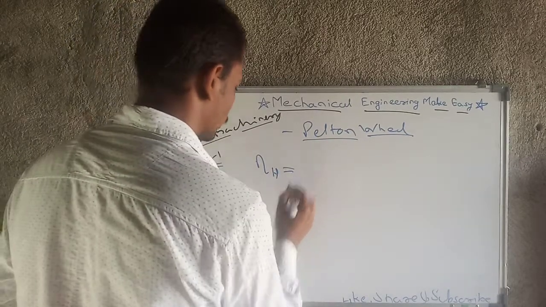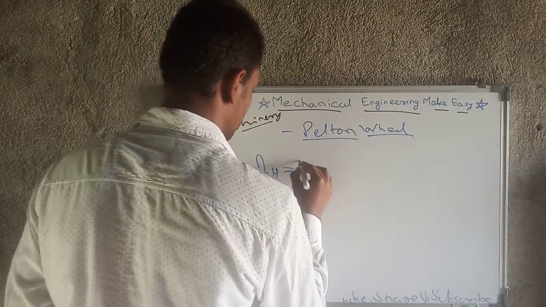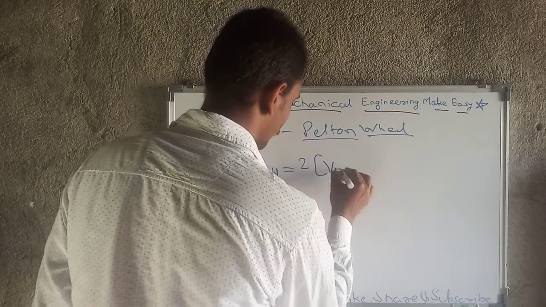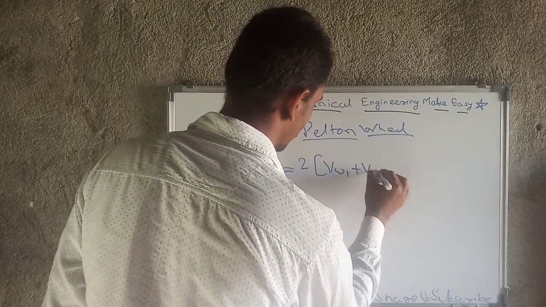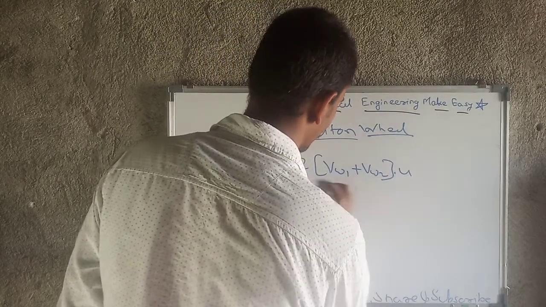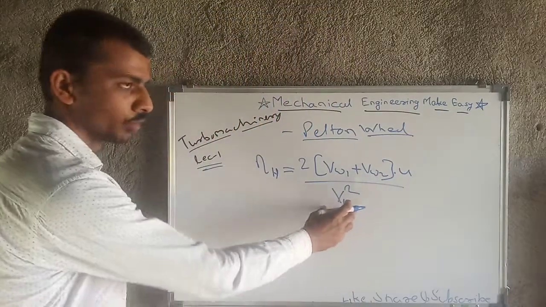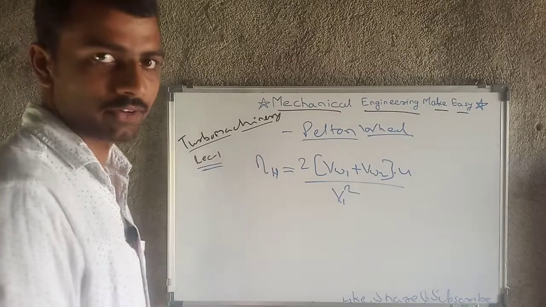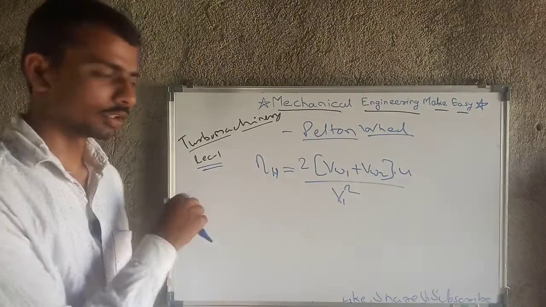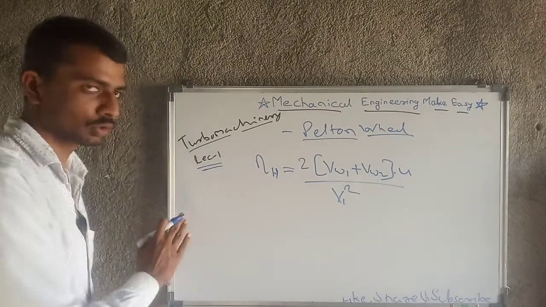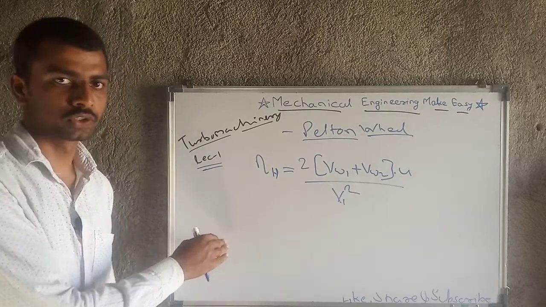What is hydraulic efficiency? Hydraulic efficiency is twice (Vw1 plus Vw2) into U divided by V1 square. How did this formula come? At first I was saying that all the pressure head we are also going to transfer into velocity head.